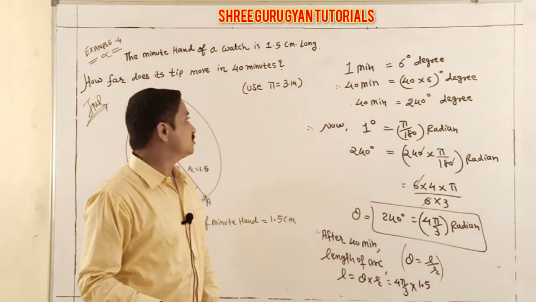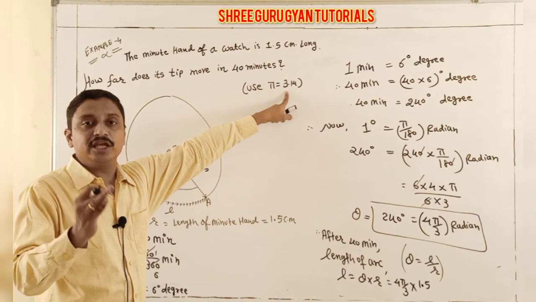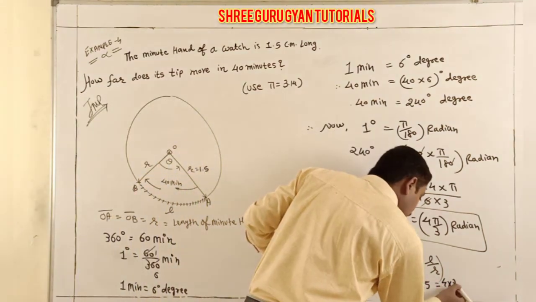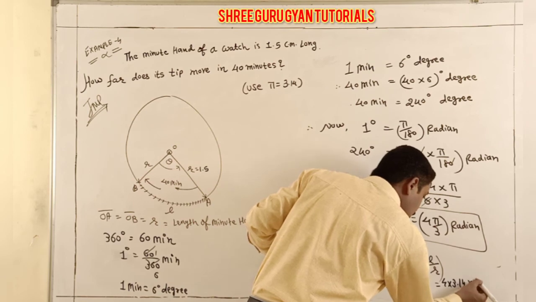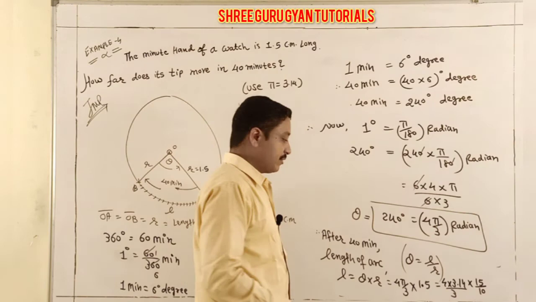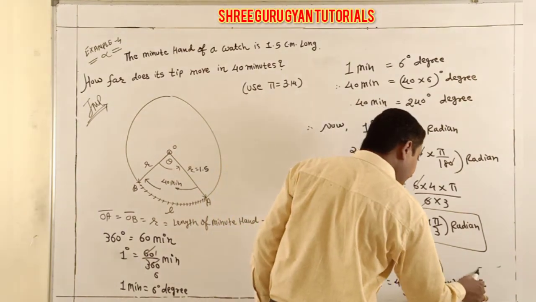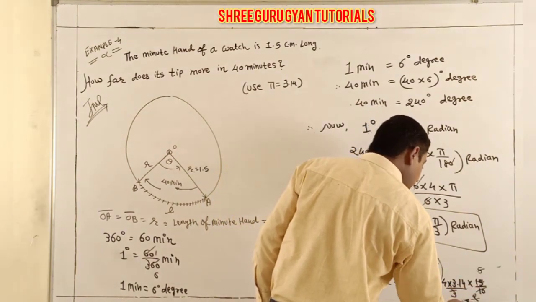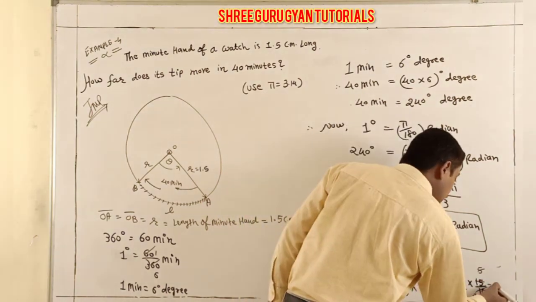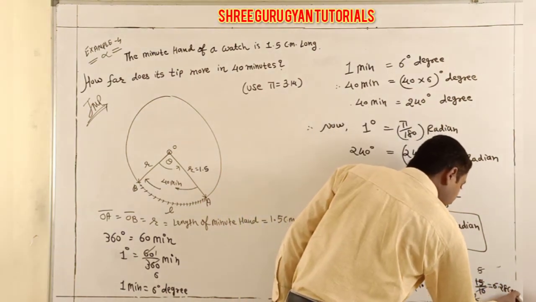And this calculation is very easy. Pi is given as 3.14. So 4 into 3.14 into 15 by 10, upon 3. Now cancel: 3 fives are 5, 2 twos are 2, so it is 2 into 3.14, which is 6.28 centimeter.